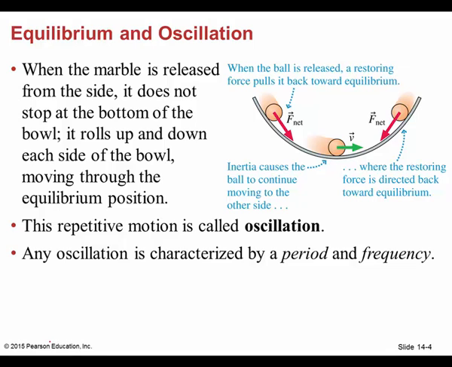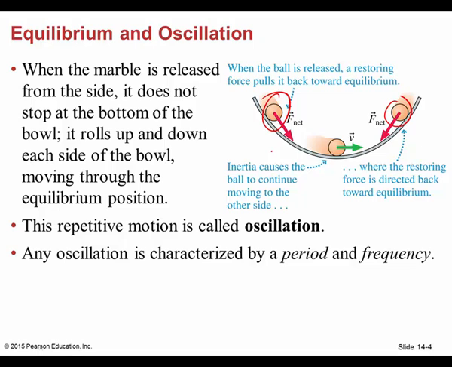Needless to say, as the object is moving, it does have a velocity. When it's at equilibrium position, it has zero velocity, but when you release it from this location or from this location, it will have an initial velocity, and its velocity will increase. So it has changing velocity, therefore it has acceleration.